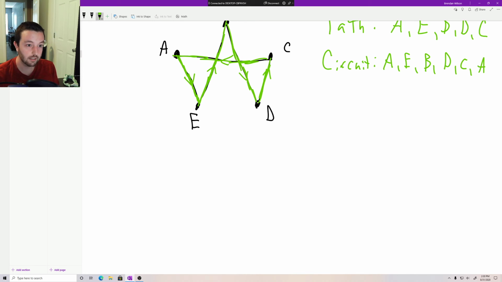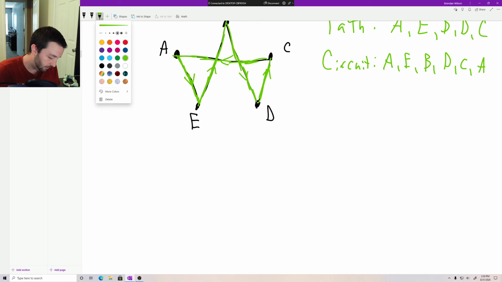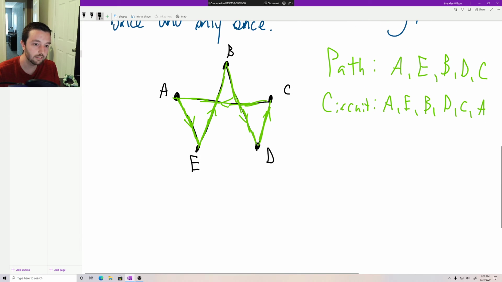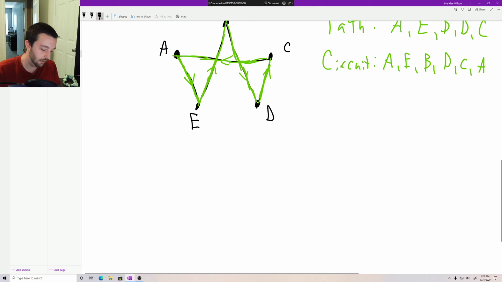But those are good ones to look at if you want another one right now. What's important right now is that you have this concept down, that we want to hit every vertex only one time. And just like before, we can still only use the edges one time as well. That's always a rule. Okay.